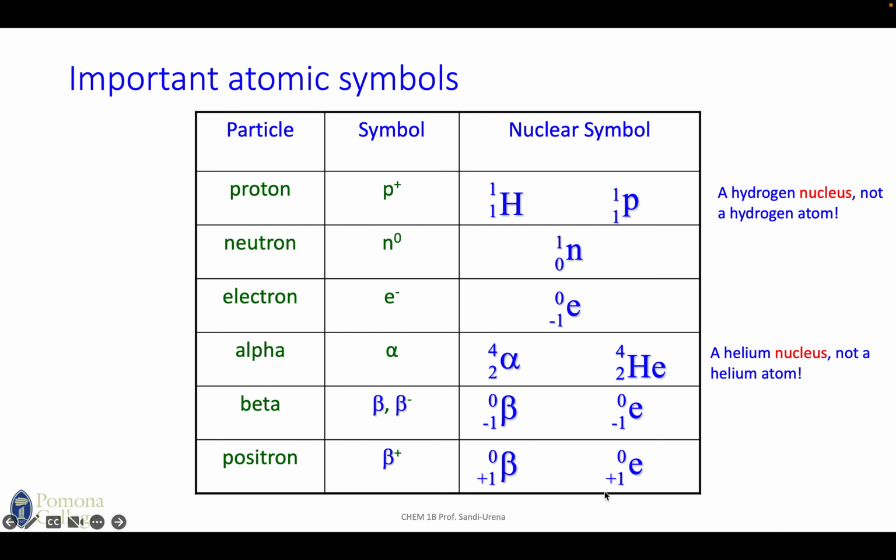And the positron would be the same thing as a beta particle, that is as an electron, but with a positive charge, or positive a +1 atomic number. And again, the mass is 0 because it has the same properties of the electron, except for the charge, the atomic number.